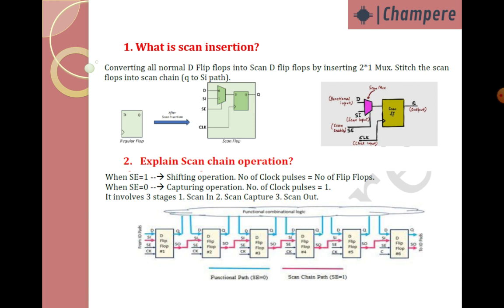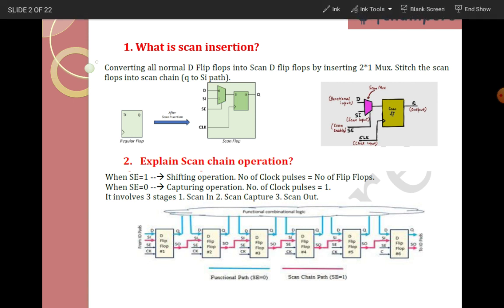After converting to scan flip-flops, we need to stitch the scan flops into a scan chain. That is the Q to SI path. So in a scan chain we will have a Q to SI path. In this figure you can see a regular or normal flop.